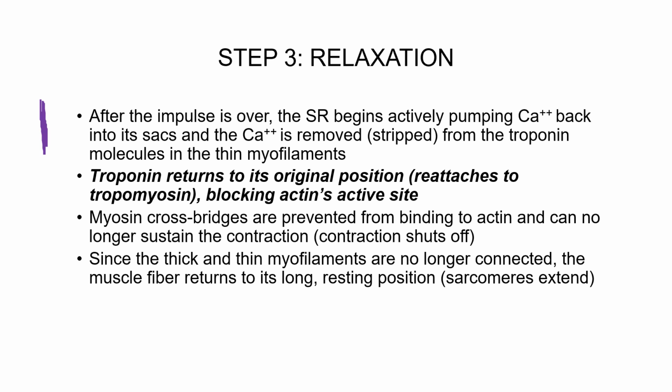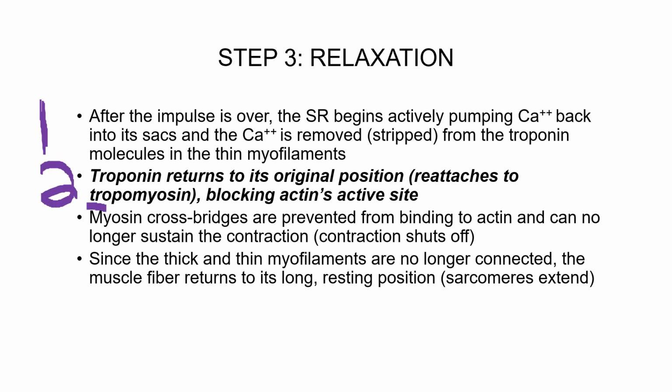But what we're doing is we're stripping the calcium from the troponin. So we're unlocking or removing the key from the keyhole, and then we're throwing the key back in the lockbox, if you will. So taking the calcium, putting it back in the sarcoplasmic reticulum where the muscle was originally resting. Once you remove the key from the keyhole, that rope goes back into place.